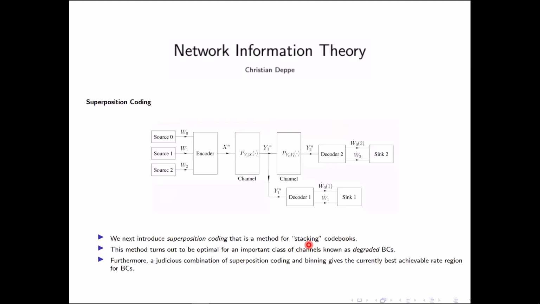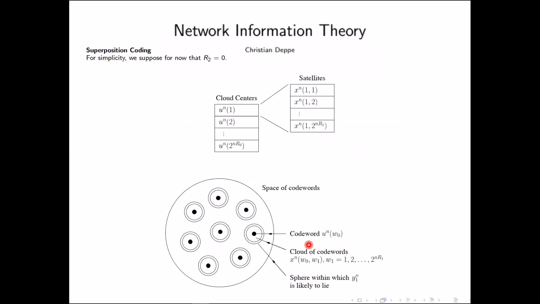Let's look at the following picture. The idea is, first, for simplicity, we assume that there's no second dedicated message. We only assume there's one common message for decoder 1 and decoder 2, and one dedicated message for decoder 1. I will give some comments on how we can generalize this if R2 also has positive capacity.